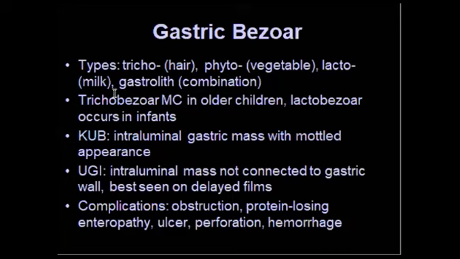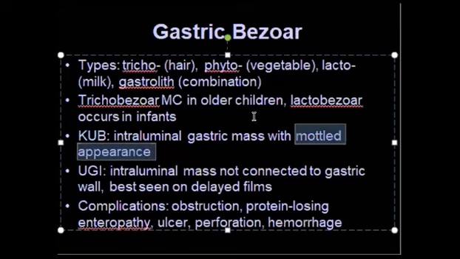Trichobezoars happen in older children, and lactobezoars happen in infants. On upper GI, you will find the mass not connected to the gastric wall, best seen in delayed films. There are many complications. So this is what's called gastric bezoar.